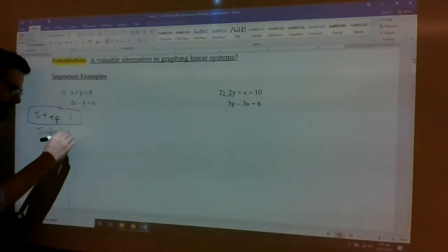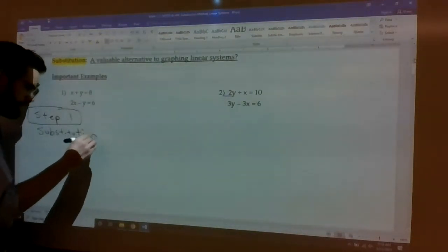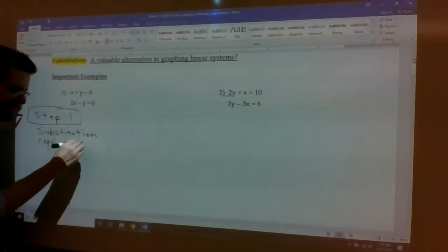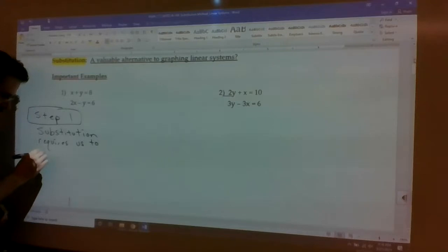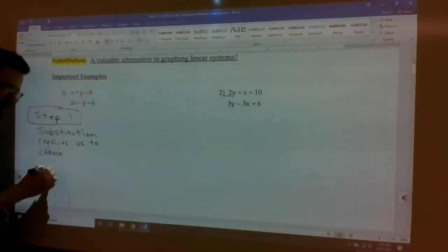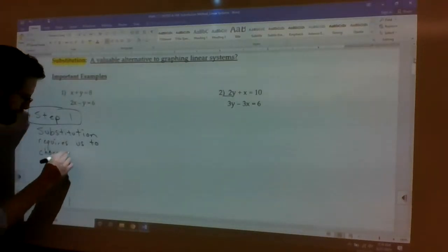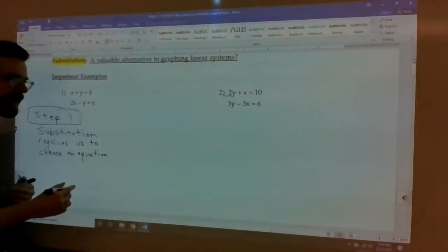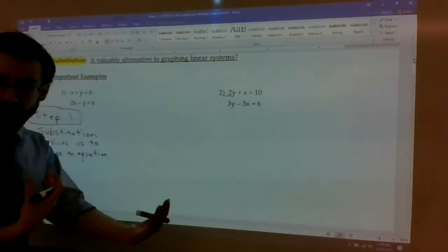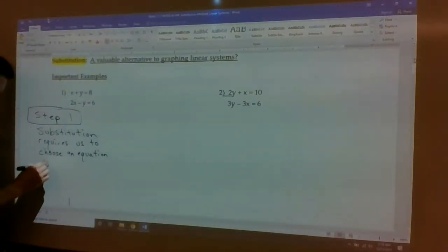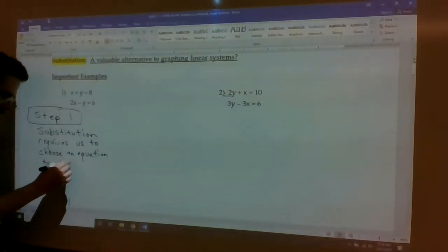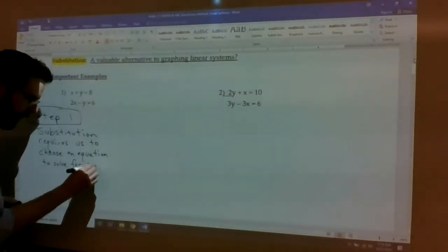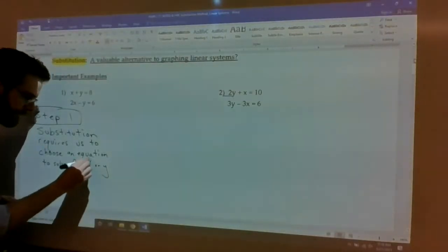Substitution requires us to choose an equation, probably the most convenient one, and I'll say to solve for x or y. To solve for either, not both, just either, for x or y.